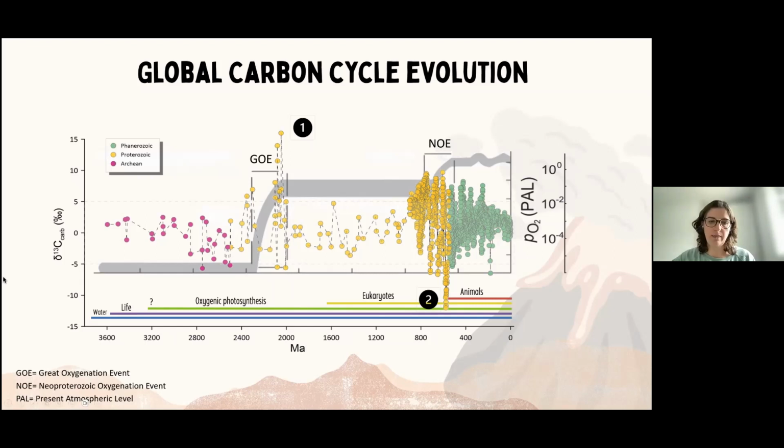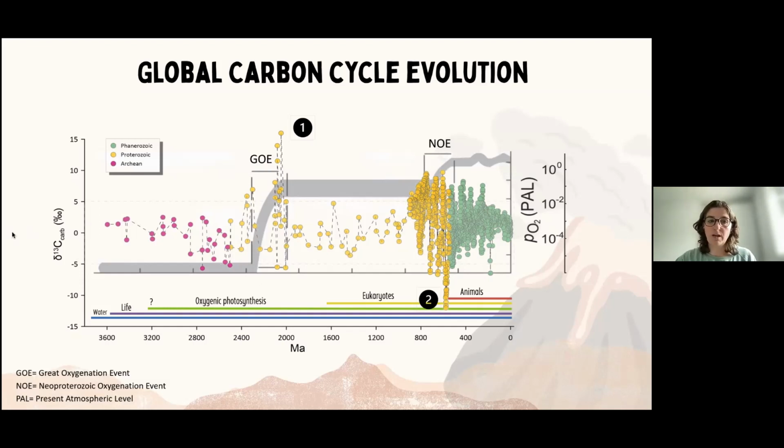This is the unit. So when we have this picture here, we can highlight different things. The first one is that we can observe that the delta carbon 13 values of marine carbonates have remained relatively stable between -5 and 5 per mil. And the second thing is that the main perturbations, the most positive here and the most negative here, are occurring at the end of these periods of the Great Oxygenation Event and Neoproterozoic Oxygenation Event.